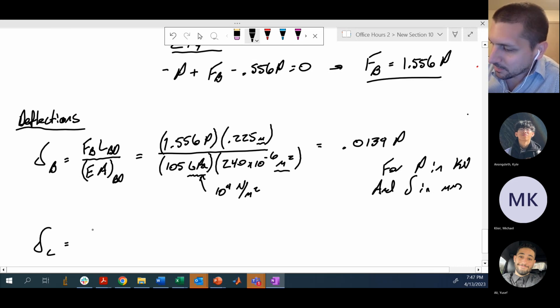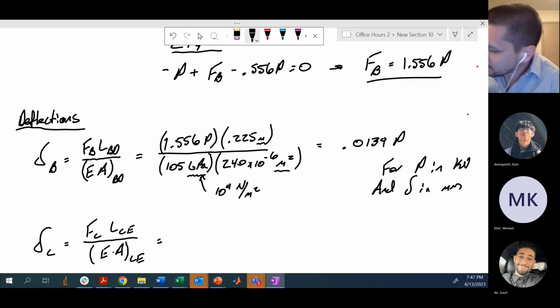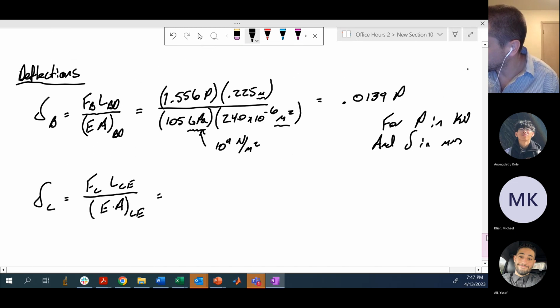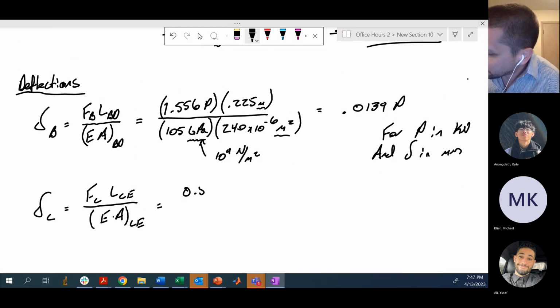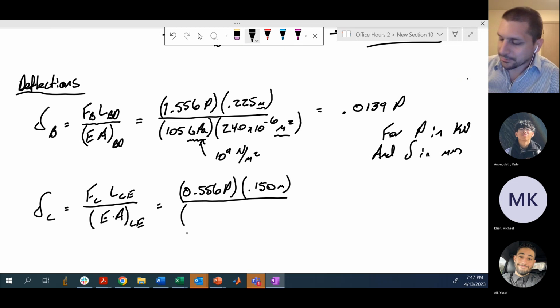Same idea here with what's going on at point C. Here we have FC times LCE all over the modulus times the area of that member CE. FC is 0.556 times P. And this member is 150 millimeters, so 0.150 meters, all over the modulus of that member CE.